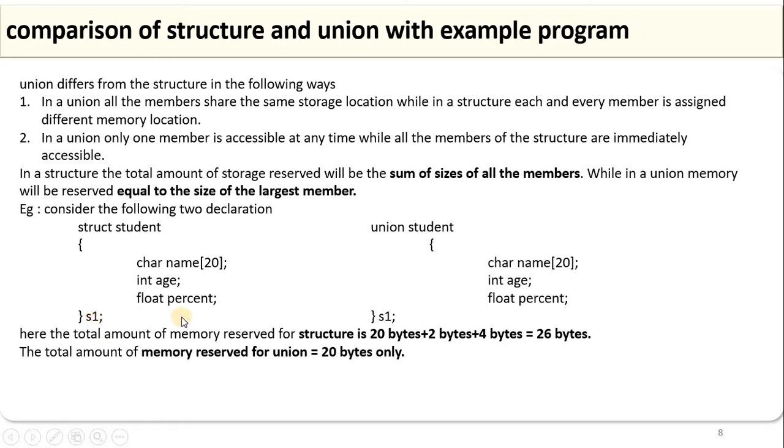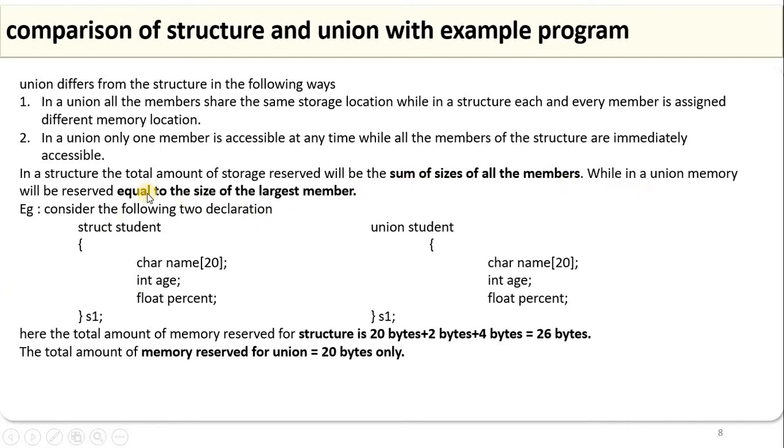One character takes 1 byte. Now I am declaring a name of 20 characters, so it will be 20 bytes, plus 2 bytes for the integer age and 4 bytes for the percentage, which is a float type. 20 plus 2 plus 4 would be 26 bytes. Thus the storage reserved for a structure is the sum of the sizes of all the members.